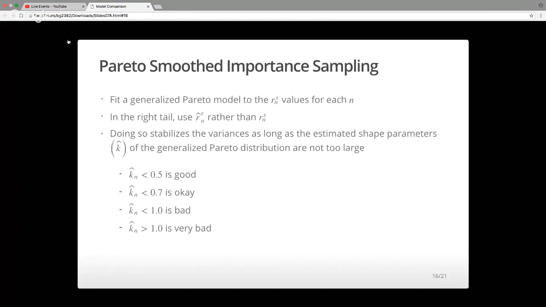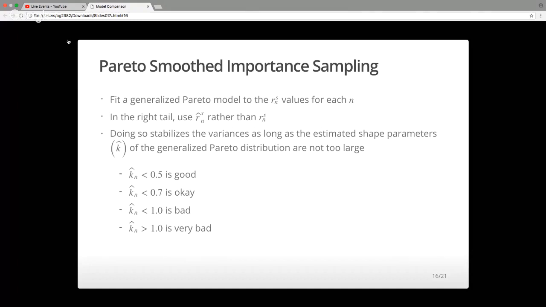And we can do that by fitting a so-called generalized Pareto model to the raw R values that we obtained. The generalized Pareto distribution is very similar to the Pareto distribution that we talked about in class one day. It has an extra parameter. But anyway, it's another distribution that is intended to be appropriate for situations that have a long right tail, such as these R values.